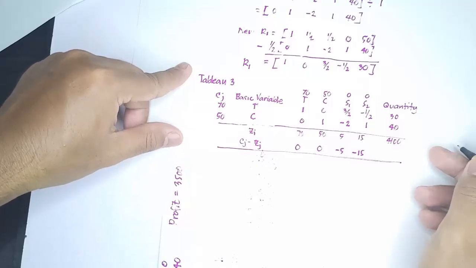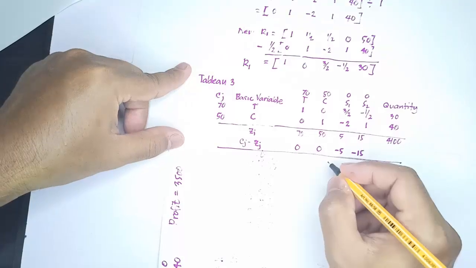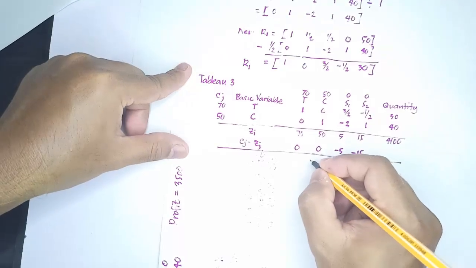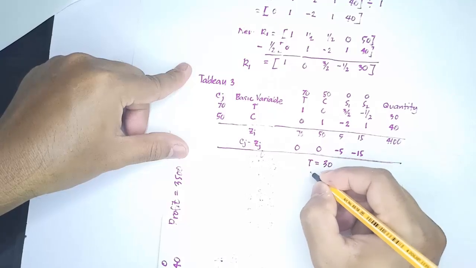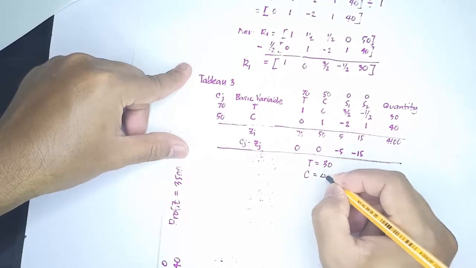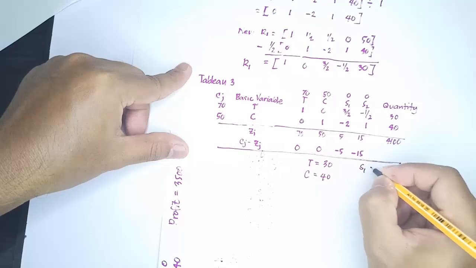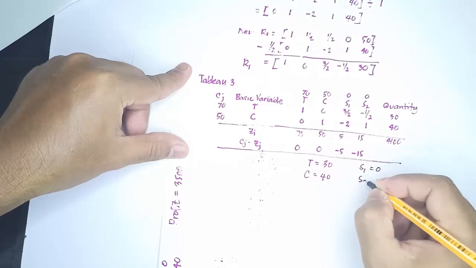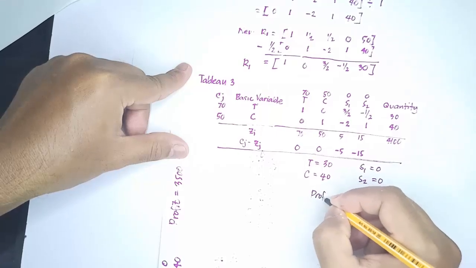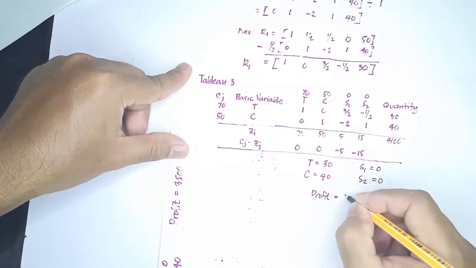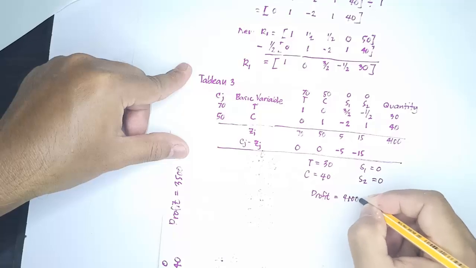So what does this tableau imply? The solution that it provides is t equals 30, c is equal to 40, s1 is equal to 0, s2 is equal to 0, and the profit is equal to 4,100.